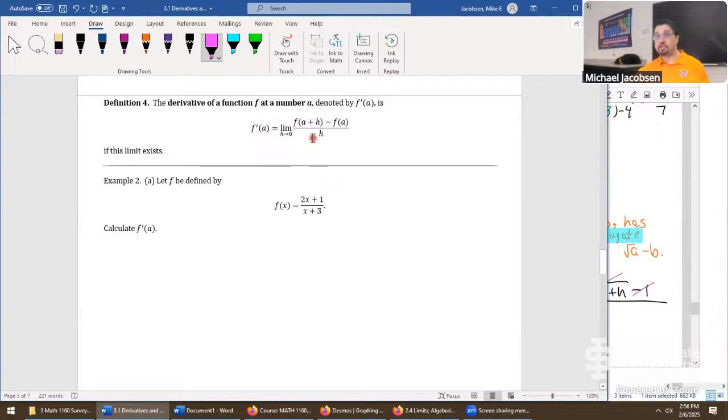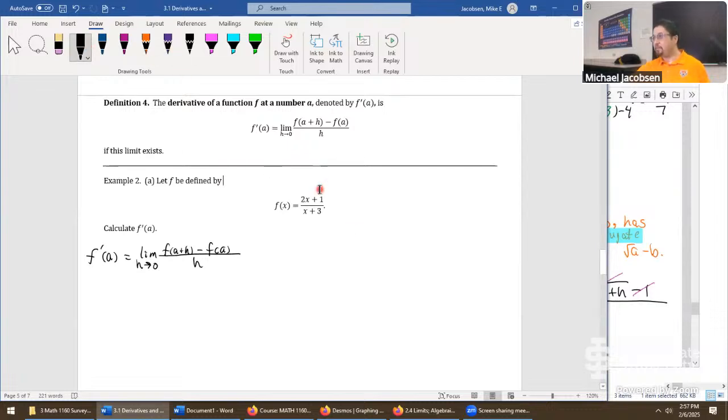First thing we do is just apply that definition here and write out the derivative of f at a, or f prime of a, equals limit h goes to 0, f at a plus h minus f of a, all of which divided by h.